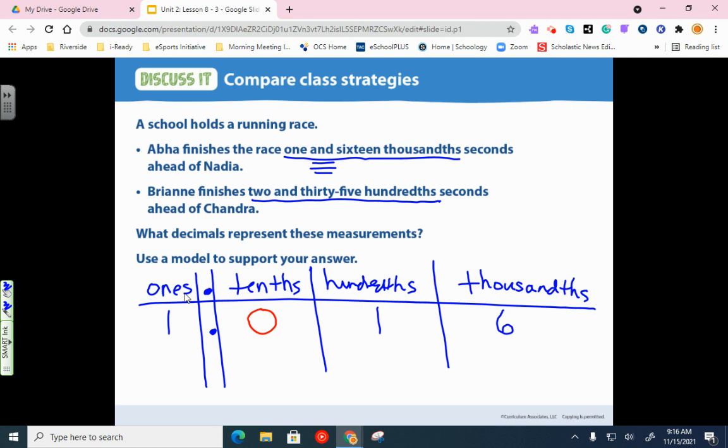Now Brienne is 2 and 35 hundredths, so that's 2 and this one is hundredths, so our last digit will go into the hundredths spot, and then we put it in like that. So there's our numbers for both Abha and Brienne.